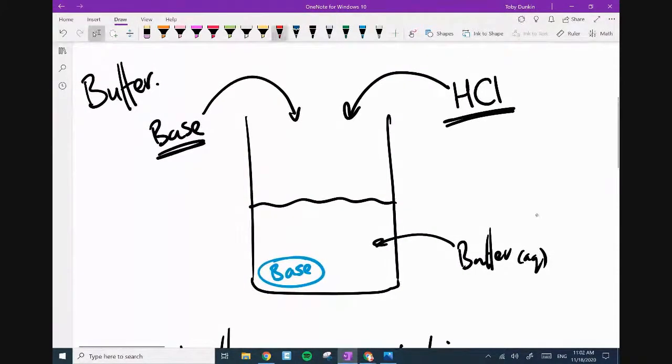I need an acid. So I need, in one beaker, in one solution, an acid and a base that won't react together. That's what I need. So, okay, how is that possible?